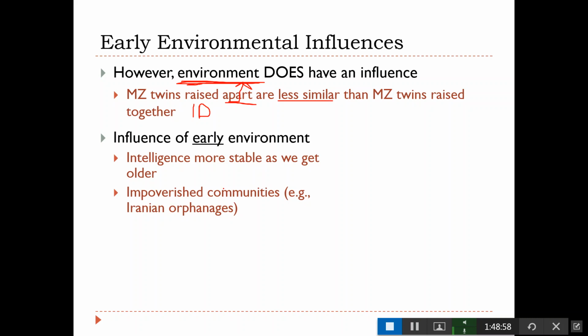In impoverished communities, for instance, there's an example of Iranian orphanages that showed that kids who were raised in these kinds of impoverished environments, where they had minimal interactions with caregivers, maybe they weren't being held enough because there weren't enough caregivers to go around to stimulate the child, to play with them, to interact with them, show a decline in IQ.